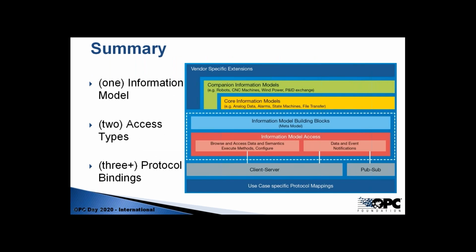As a summary, and that's why the picture is a little bit bigger now, there's one information model. We have two access types, the client server and the pub sub, and there are three or even more protocol bindings that we select depending on the use case we need to fulfill.